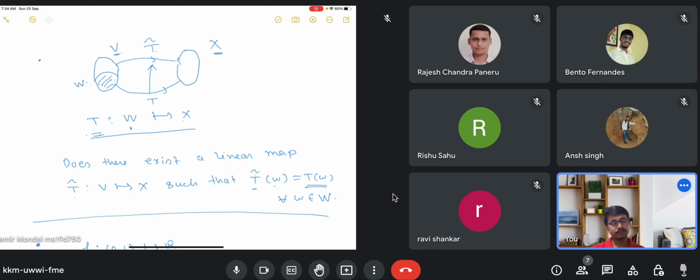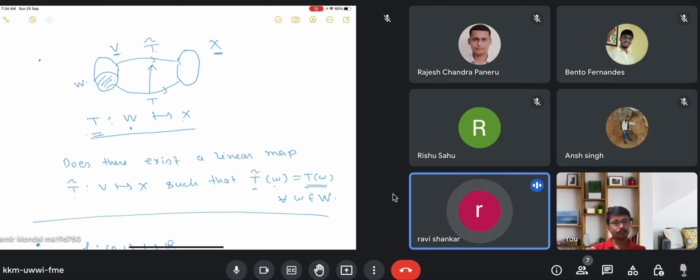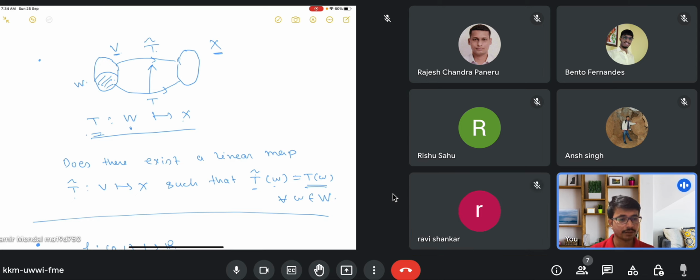Do you know these two statements? Basis of subspace is the same as the basis of vector space? No, my claim is we can extend the basis of subspace to V, the full space. Not the same. We can extend.